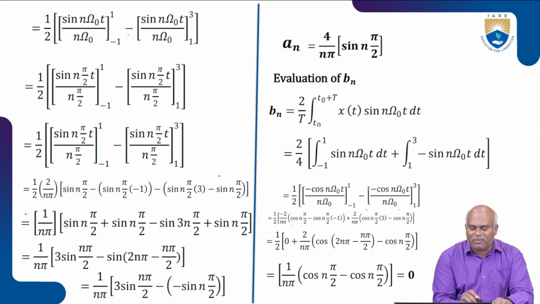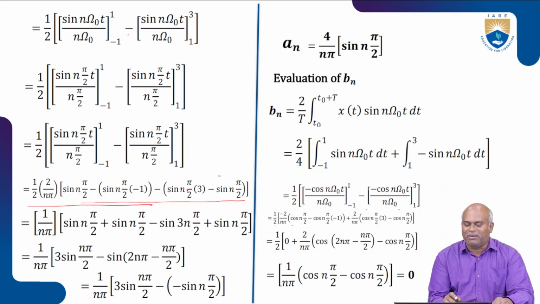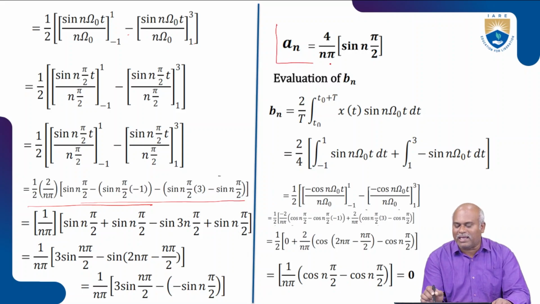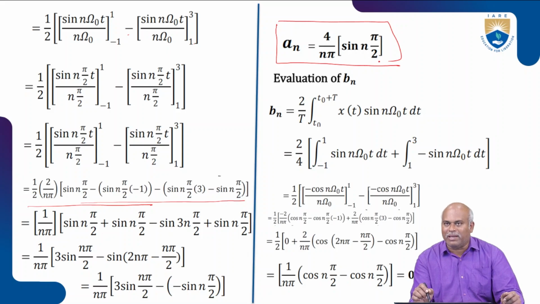Then finally we got the output like this: 1 by 2, 2 divided by n pi, sin of pi by 2 n minus of sin n pi by 2 minus 1 minus of sin n pi by 2, 3 minus of sin n pi by 2. So you can simplify all the limit substitution. Then we got A of n is equal to 4 by n pi sin n pi by 2.